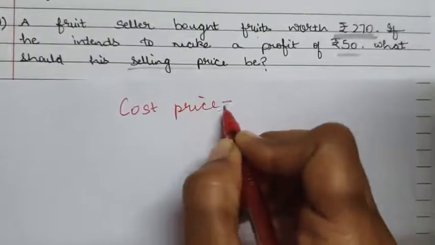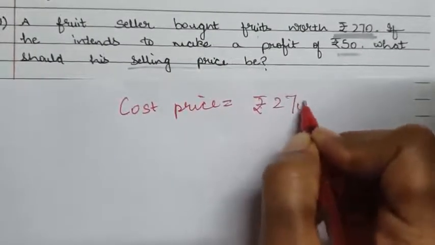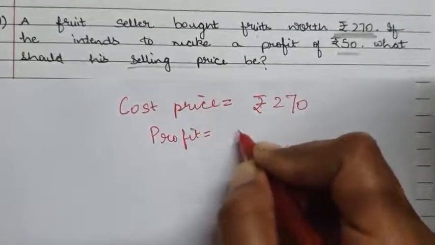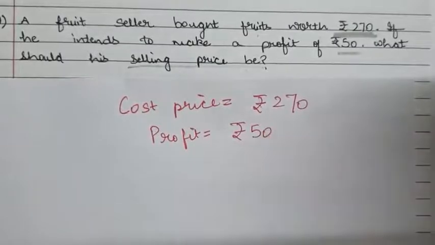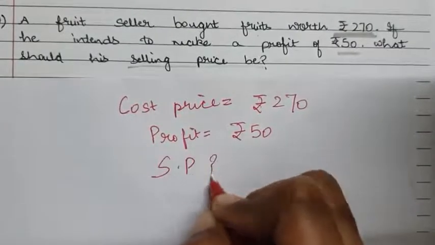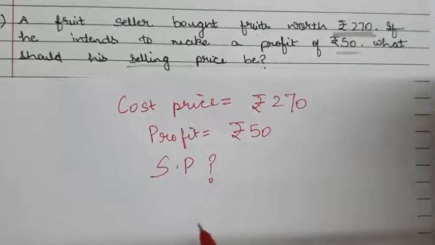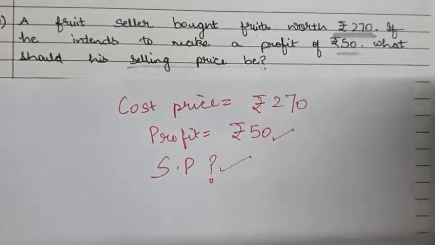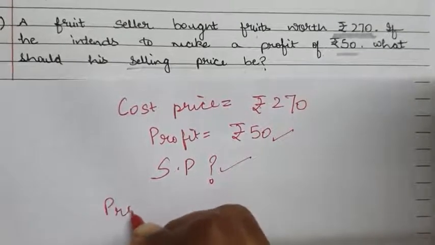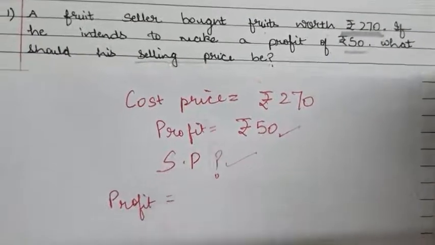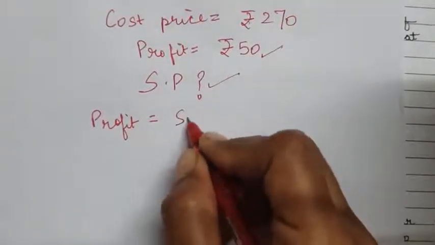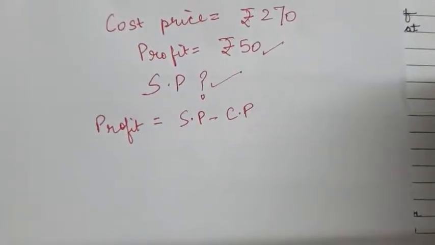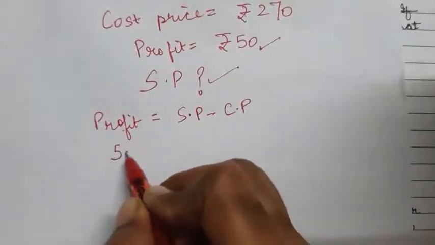Now see, cost price is equal to rupees 270 and profit is equal to rupees 50. You have to find out the selling price. No need to learn a formula for selling price. Profit we know, so let us start with the formula of profit. That is equal to what? Selling price minus cost price. Clear? Now profit is 50.